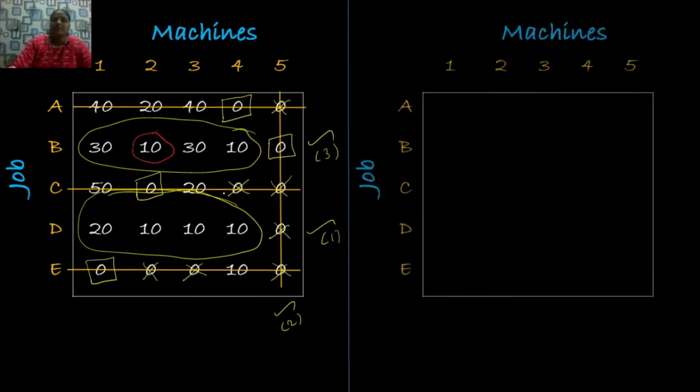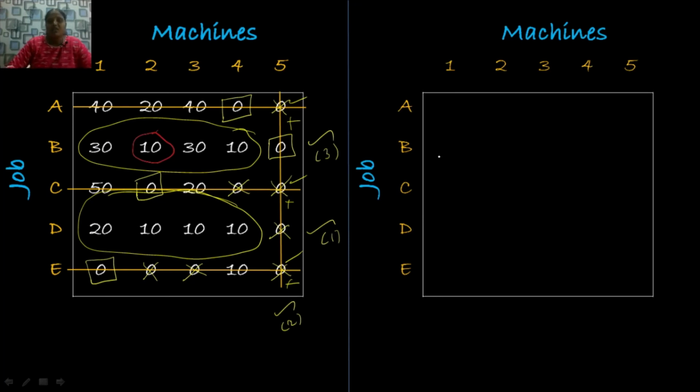Our next step is, we have to subtract 10 from all uncovered elements and we have to add this 10 to the points of intersection of these straight lines. So these are the steps: we have to add the minimum element at the intersections and write down the remaining elements as they are.